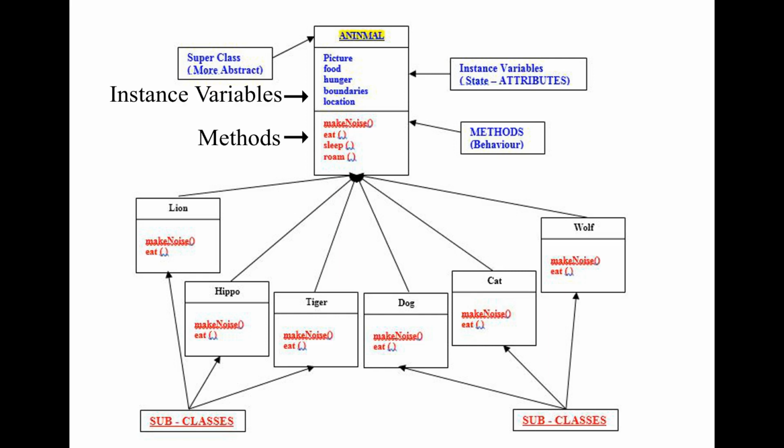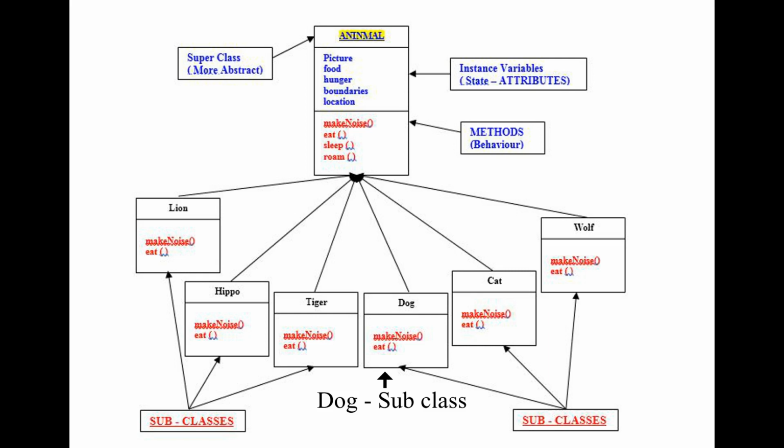So if you had a Lion subclass, all of this data and the behavior would be inherited by this subclass. Likewise, if you had a subclass for Dog, the instance variables and the methods would be inherited by this subclass. And the benefit of that is you don't have to recode all of this stuff. You can simply create a subclass and start using these methods and these instance variables.